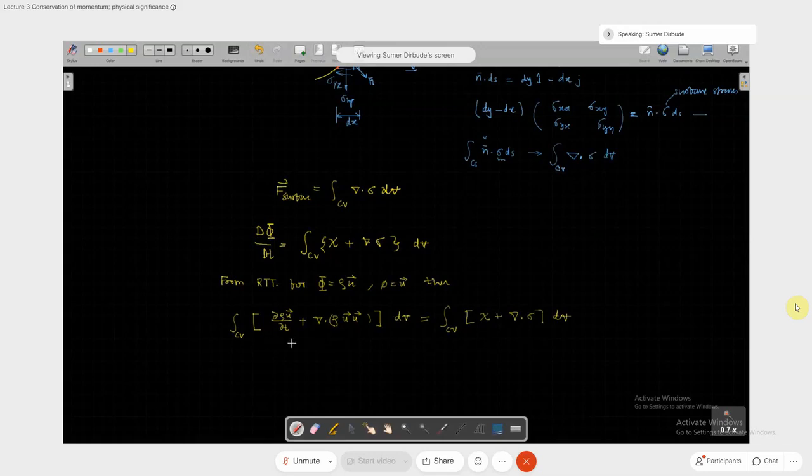Now we know that this equation holds for an arbitrary control volume, so the integrands must be equal. We can write this equation in a simplified form for constant density and arbitrary control volume.